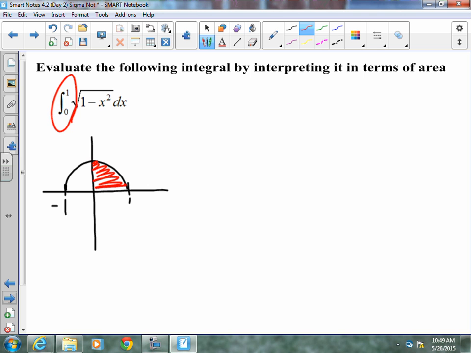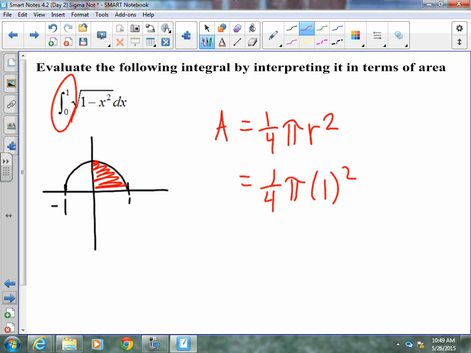Well, how much of a circle is that? A fourth. So our area is going to be 1/4 of a circle, which is pi r squared. r is 1 in this case, so our area is 1/4 pi. So always look at the graph first, or think about the graph as to whether it will be a shape that you'll know how to find the area of.